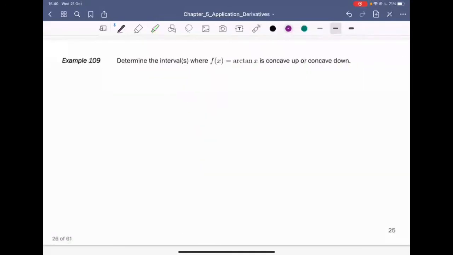If I want you to find the intervals of concave up and concave down, you need to differentiate two times because you want the second derivative. So f of x equals arctan x. The first derivative is 1 over 1 plus x squared. This is the first derivative. This is actually (1 plus x squared) to the negative 1.